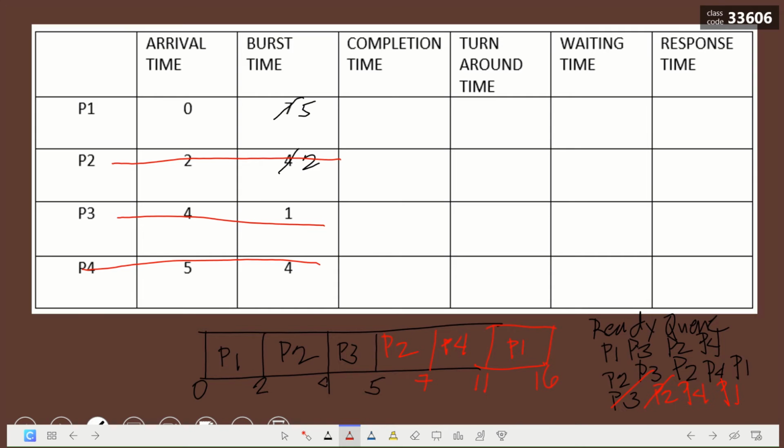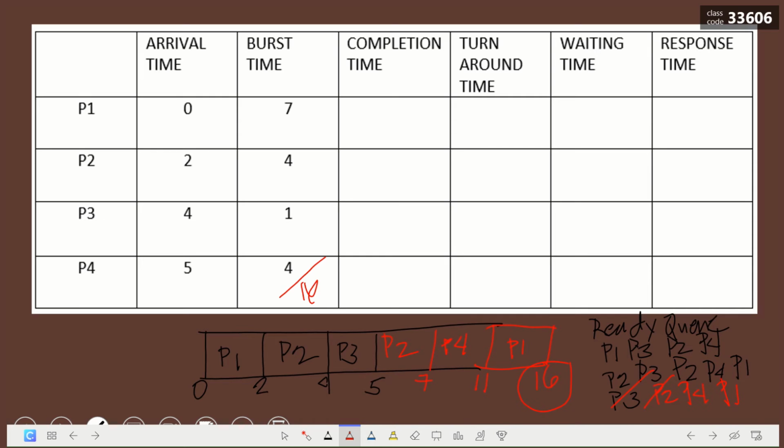Okay? So, if you are going to add the burst times, 7 plus 4, 11 plus 1 is 12, plus 4 is 16. So, it has the same total value as our Gantt chart.